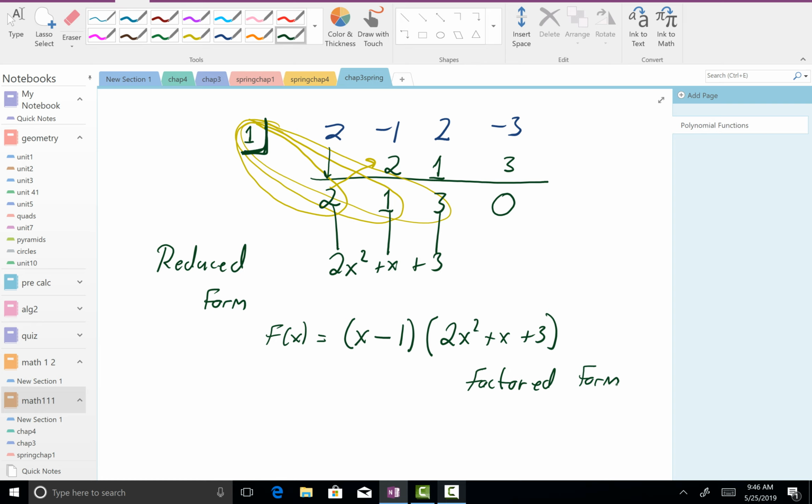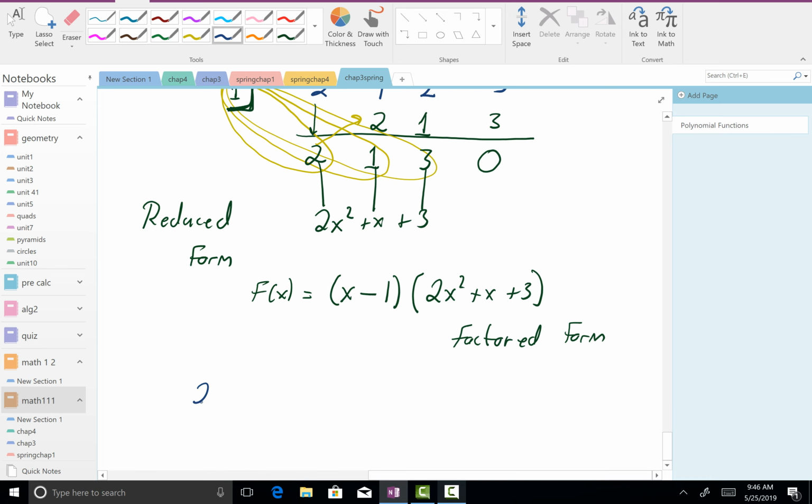If I try any other number besides 1, this is what's going to happen. If I do synthetic division again, this time I want to pick 2. And I'm going to do the exact same thing. Why did I pick 2? I don't know, just did.